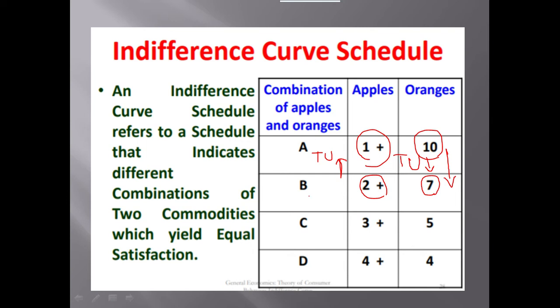Again, when the individual increases the quantity of apple from 2 to 3, he must give up oranges from 7 to 5. And when apple increases from 3 to 4, the quantity of oranges decreases from 5 to 4.